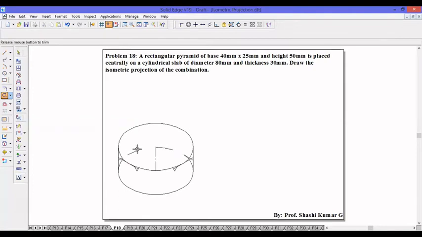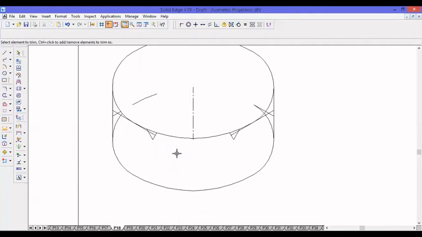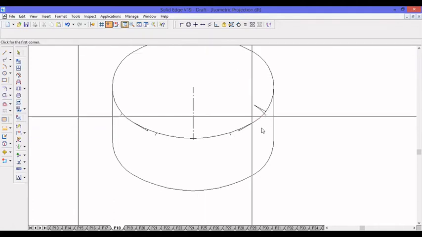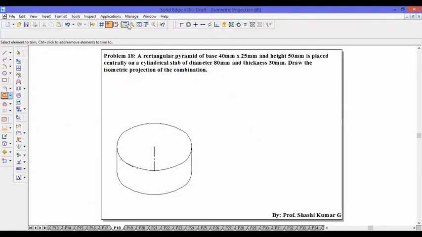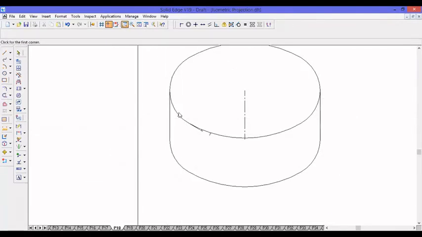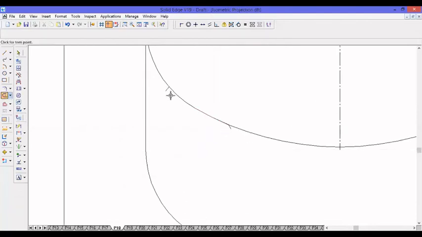Here, we need to place the rectangular pyramid, so don't delete the axis. Only the construction lines and interior parts we can trim. Make use of zoom to trim the unwanted edges. Further, here we have some extra projection lines.